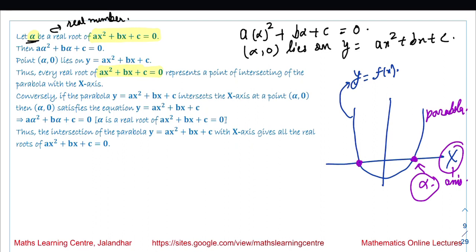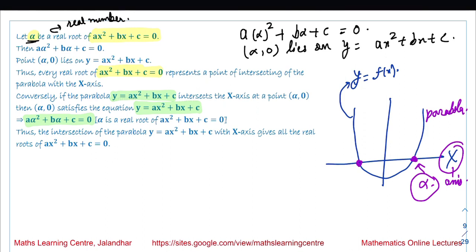And conversely, we can say if the parabola y is equal to ax square plus bx plus c intersects the x-axis at the point alpha comma 0, then alpha comma 0 satisfies this equation. It means this value is equal to 0.